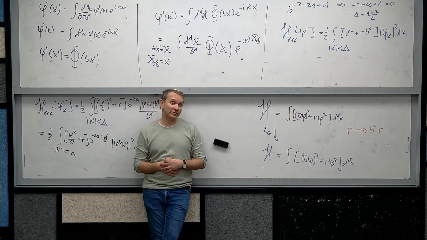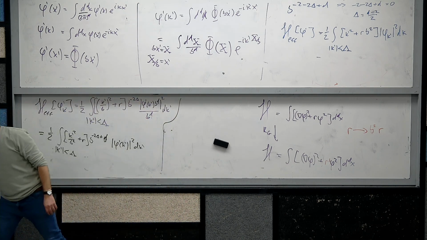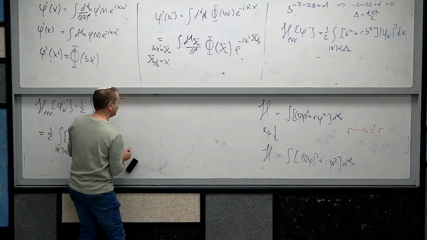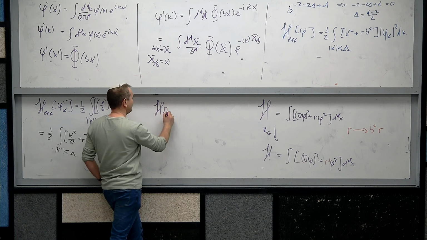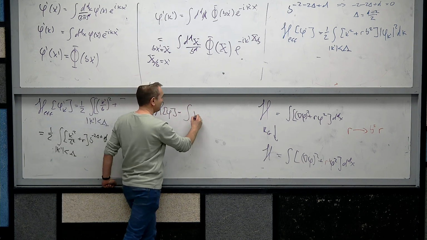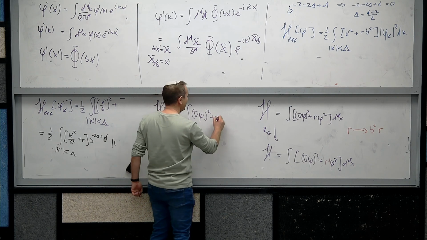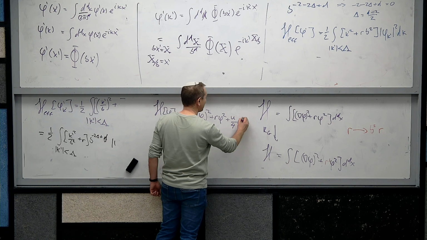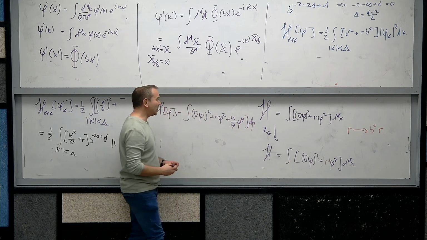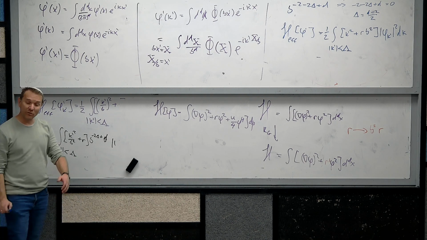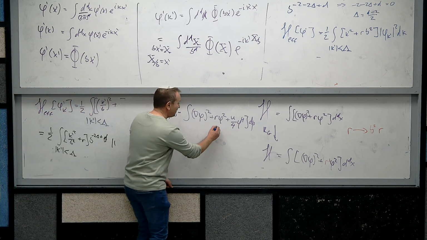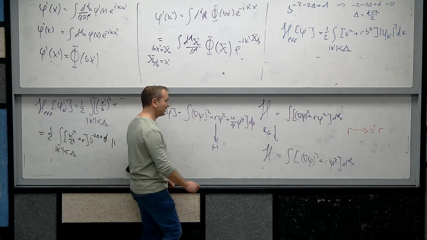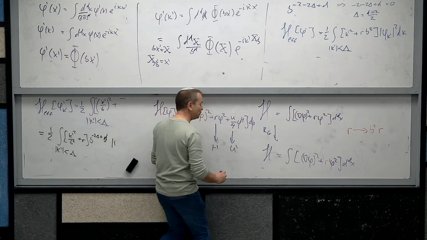If I had, instead of the Gaussian, H of phi, an integral of gradient of phi squared plus r phi squared plus u divided by 4 phi to the fourth. What RG actually does, in a very complicated way, is eventually modify r to some r prime, and u to some u prime.